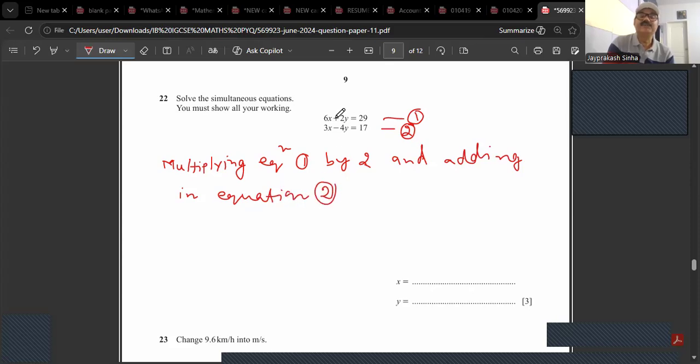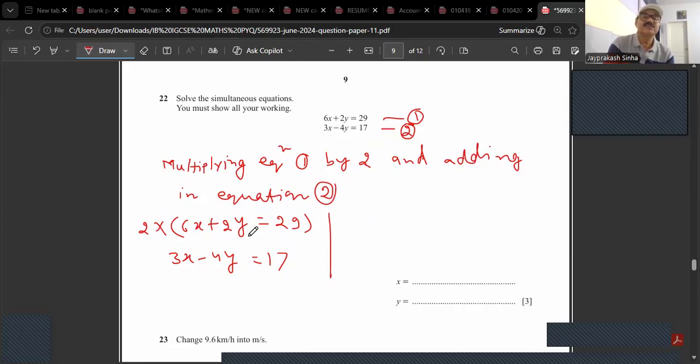So when we multiply by 2, it means 6x plus 2y is equal to 29. So the whole equation you are multiplying by 2, remember. And this is 3x minus 4y is equal to 17.